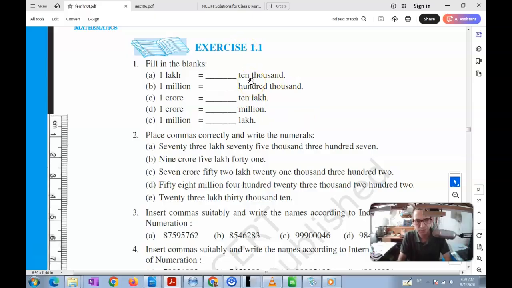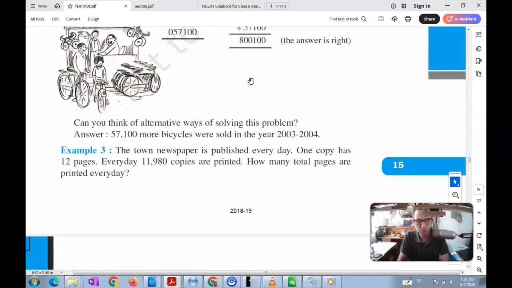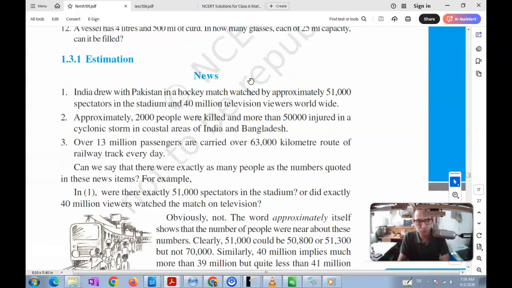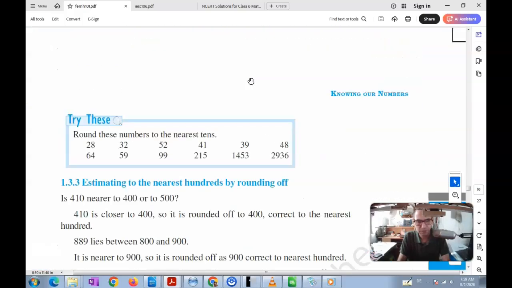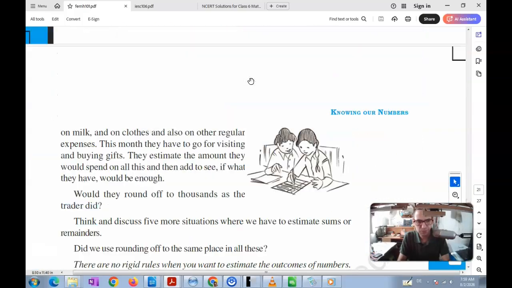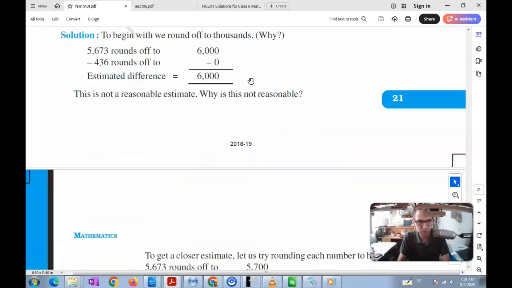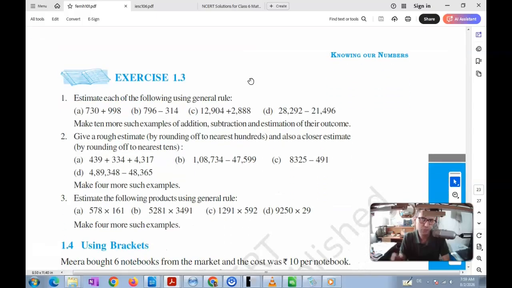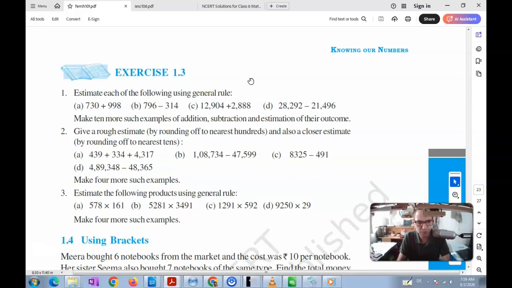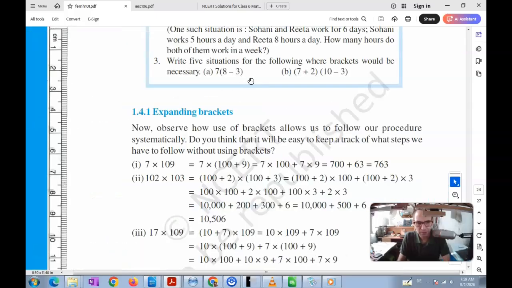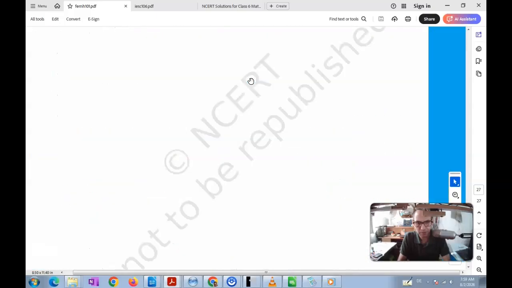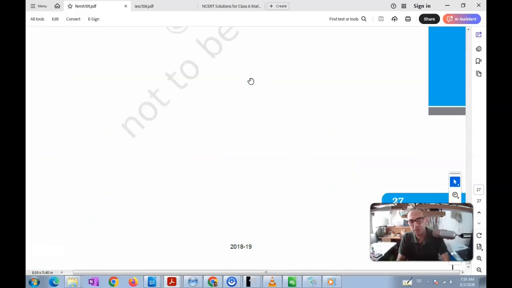For example, over here you see we have exercise 1.1, and then after a few pages we have exercise 1.2, and after a few pages we should have another set of exercises, 1.3, as you can see. So exercise 1.1, 1.2, and 1.3, and that's it. For this chapter, 3 sets of exercises.